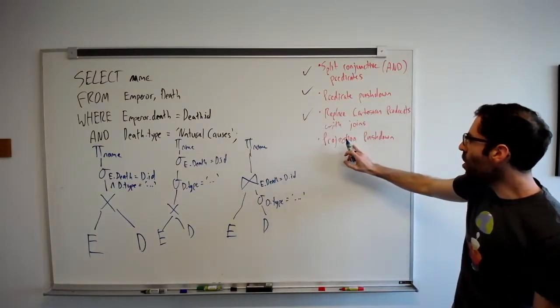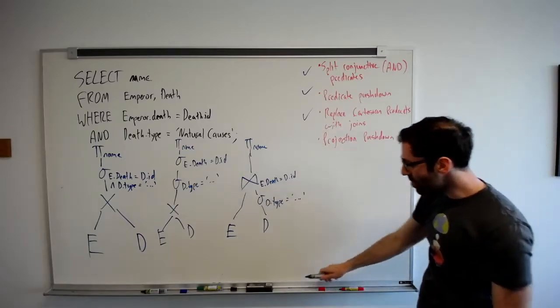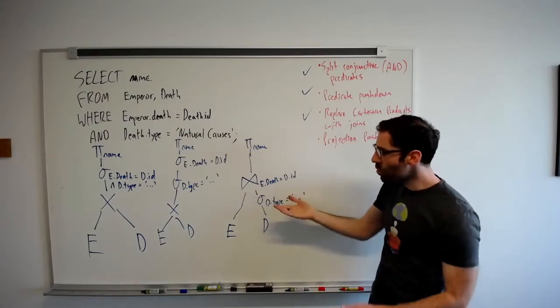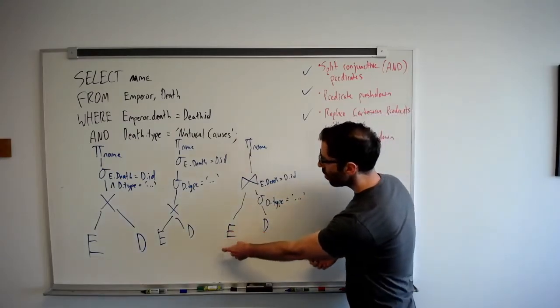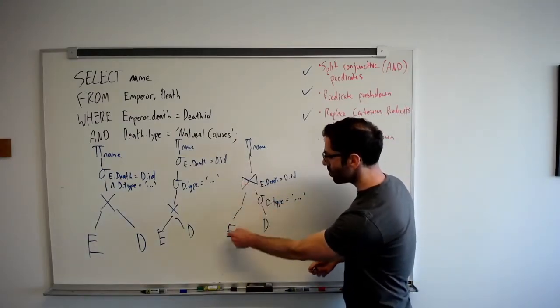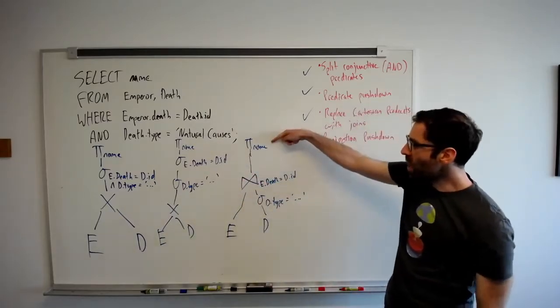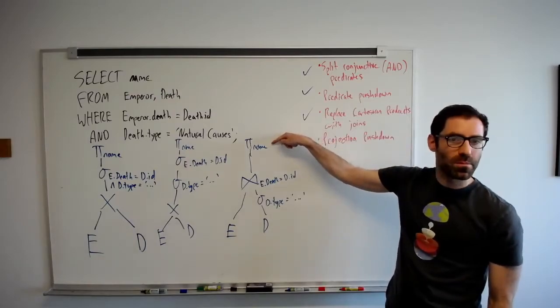And finally, our projection pushdown says, all right, in a row store database, in any case, we're taking the whole tuples of these relations and feeding them up. But we know at the end we actually only need the name.